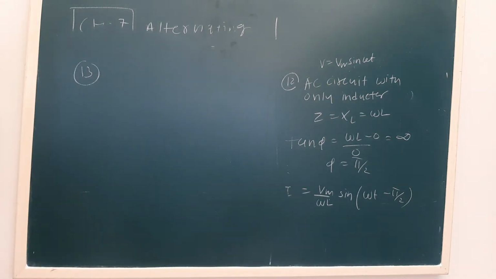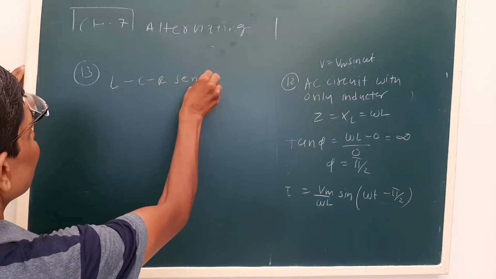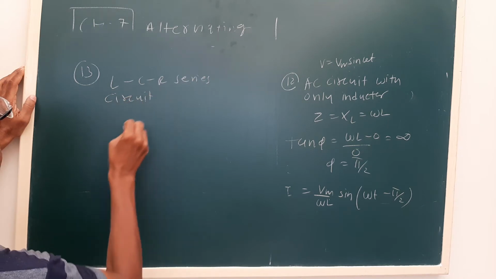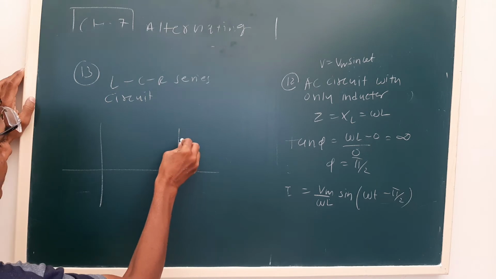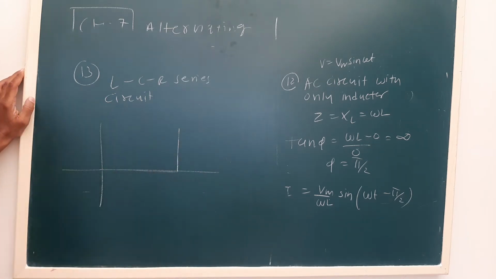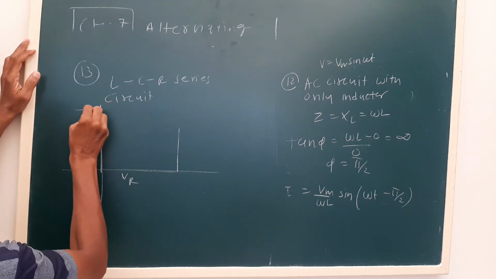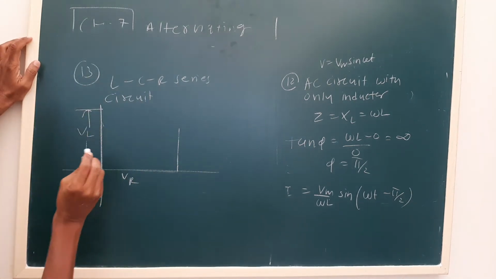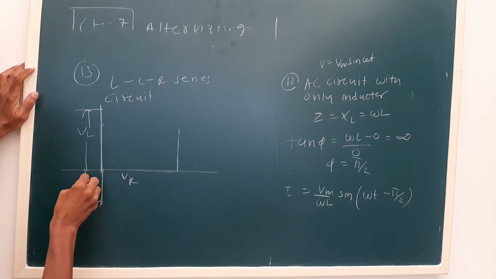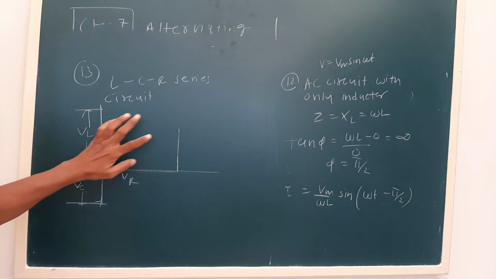Now see, the 13 MCQ is given as, see, it is an LCR series circuit. Now what is the value of voltage and the current? Okay. Now see here, we have to represent in terms of phasor. Now see, this will be VR. Let us say this is a phasor of voltage across inductor. This is a phasor of the capacitor voltage. See, both are in opposite direction.